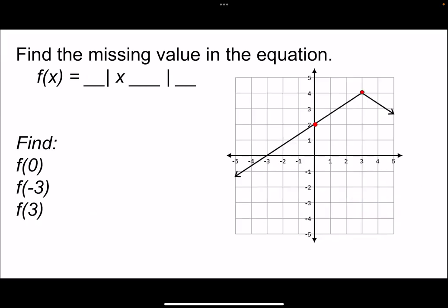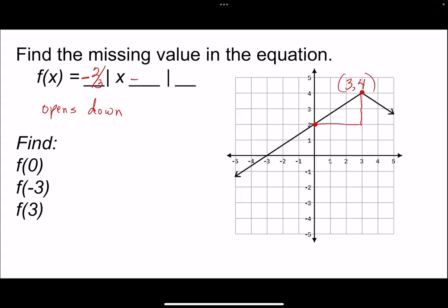All right, same idea. Oh wait, this one opens down. So my slope's going to be negative. It opens down. Let's count the slope. Down 2 over 3. So that means it's going to be a -2/3. Vertex is at 3, 4.